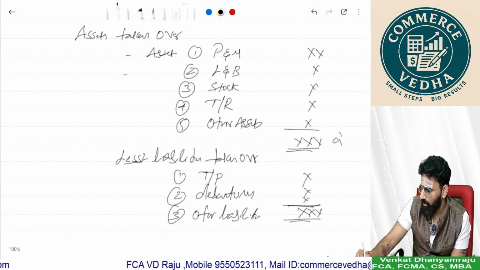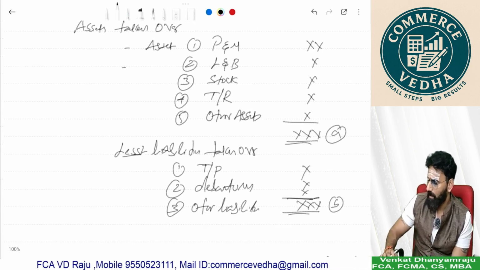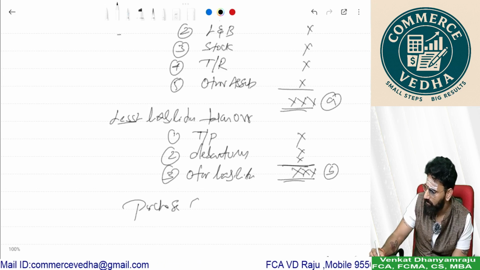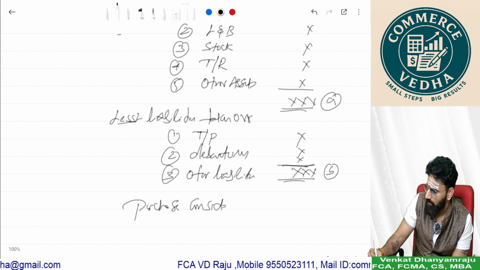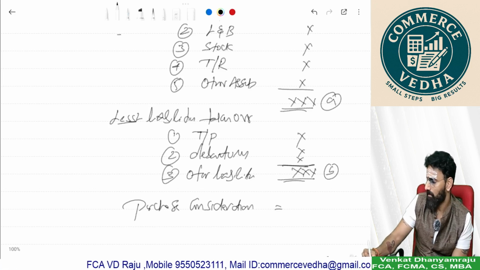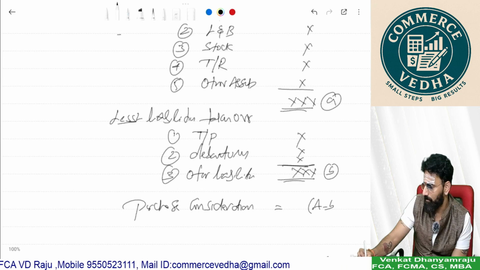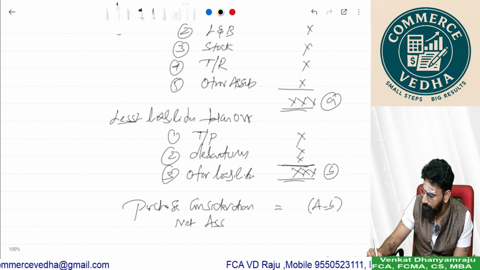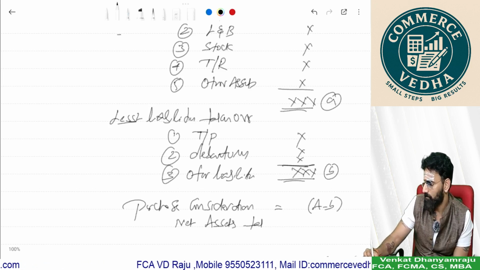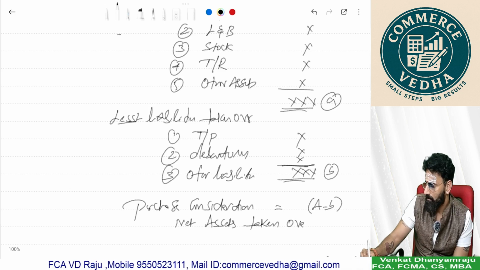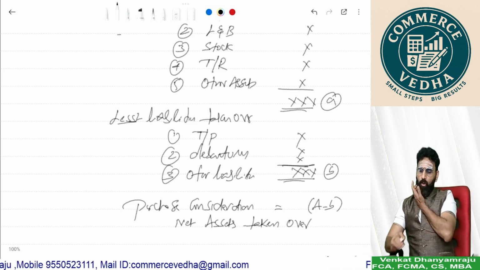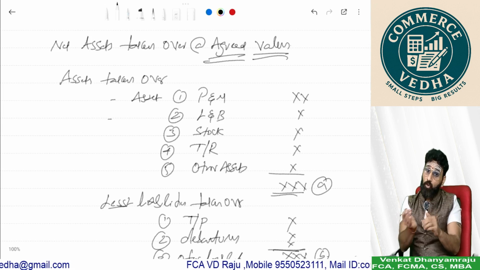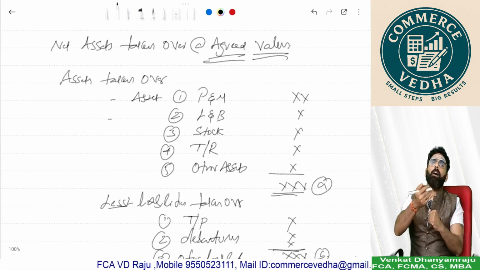So if I call them A and B, now your purchase consideration is A minus B. That is nothing but net assets taken over.